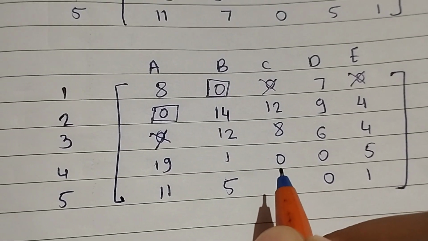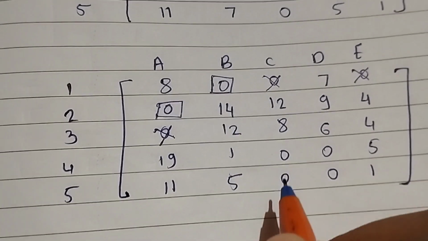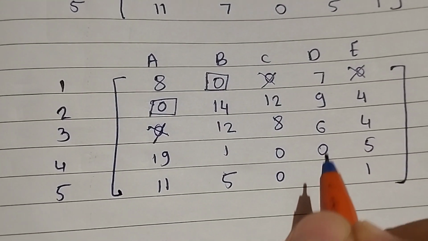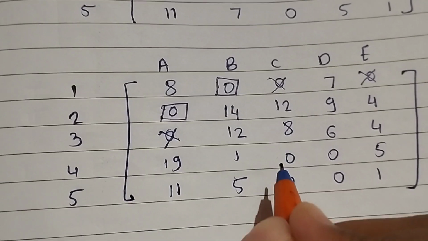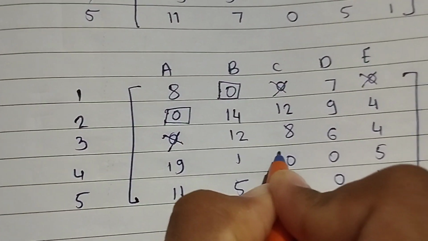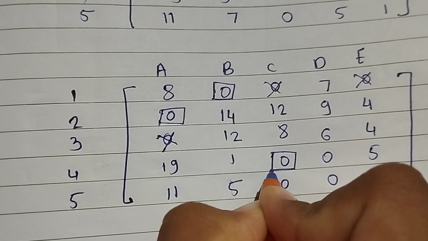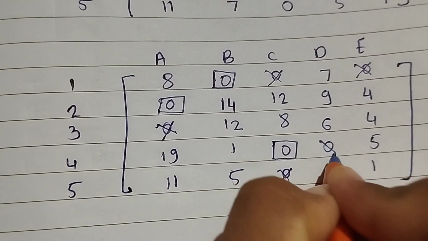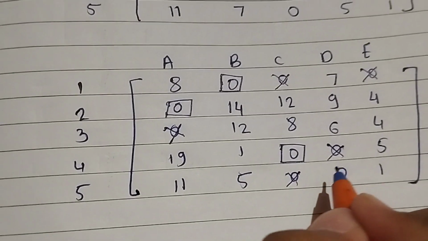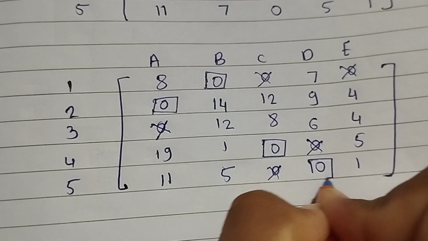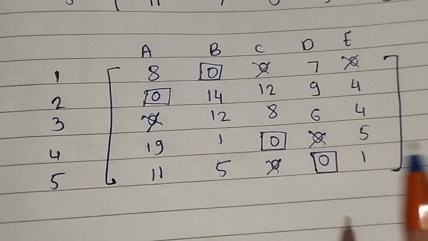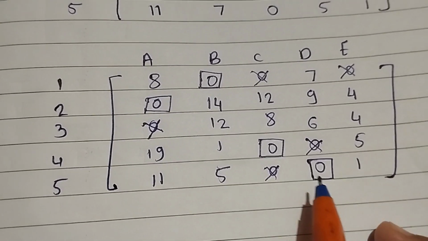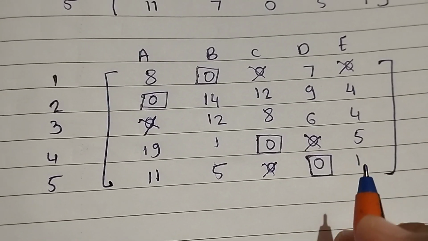So for this C column 2 zeros are present, and for the D column 2 zeros are present. So we can start from any position. So let's suppose we start from this 0, then the respective zeros from the row and column get crossed, and this is the last 0 which is the single one present, and we assign it as an assignment.